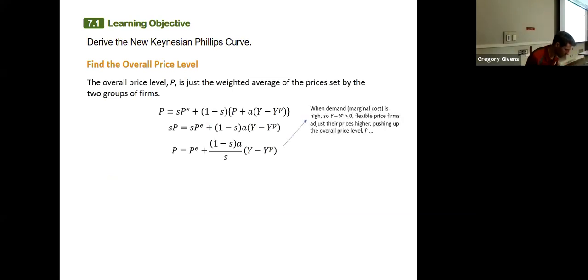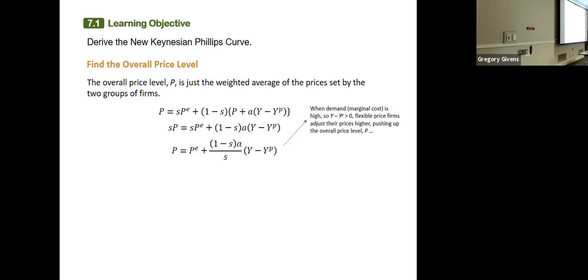Second point I want to make. What happens when demand conditions rise in a way that makes actual output bigger than potential output? When that happens, real marginal cost is going to go higher, like we talked about earlier, right?